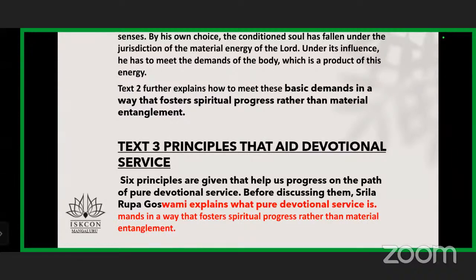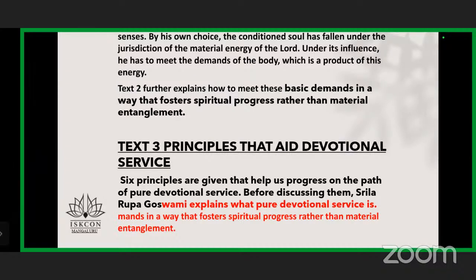Just now what we saw was vinashyati, which will make us slip down from going back to Krishna, or we are just not going forward. So what will help us in going forward? These things will destroy devotional service. So what will progress me in devotional service? That may be the question, right? If these things destroy, then what will be the progress? How can I go forward in devotional service?